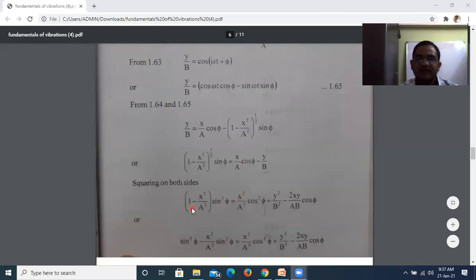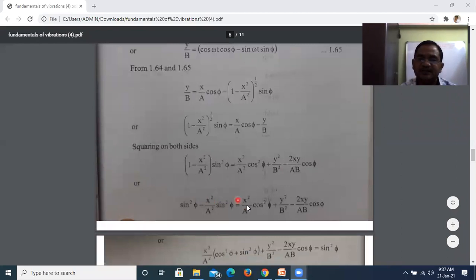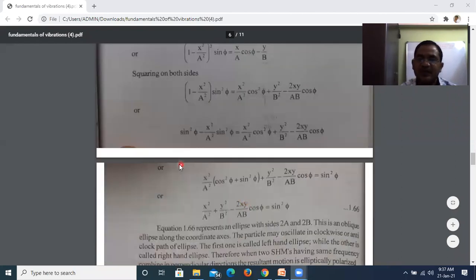Squaring both sides, 1 minus x square by a square times sin square phi equals x square by a square cos square phi plus y square by b square minus 2xy by ab cos phi. Again the left side is expanded, and on simplification, finally we got this equation: x square by a square plus y square by b square minus 2xy by ab cos phi equals sin square phi.